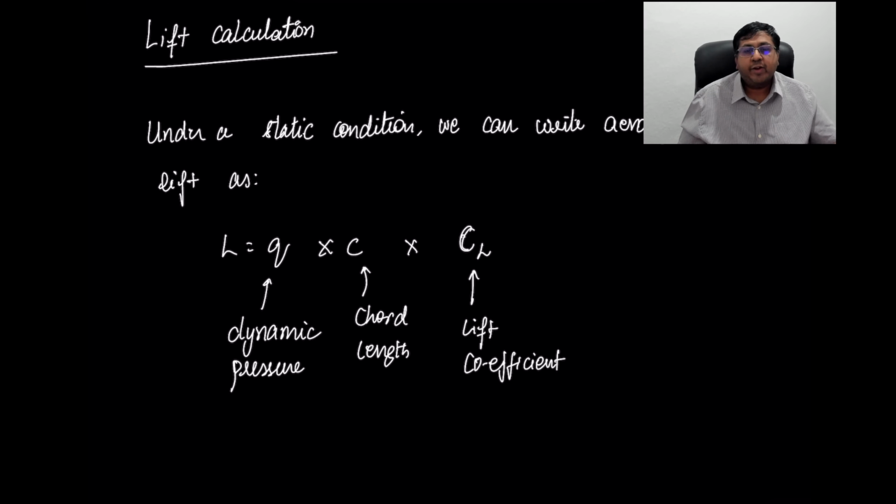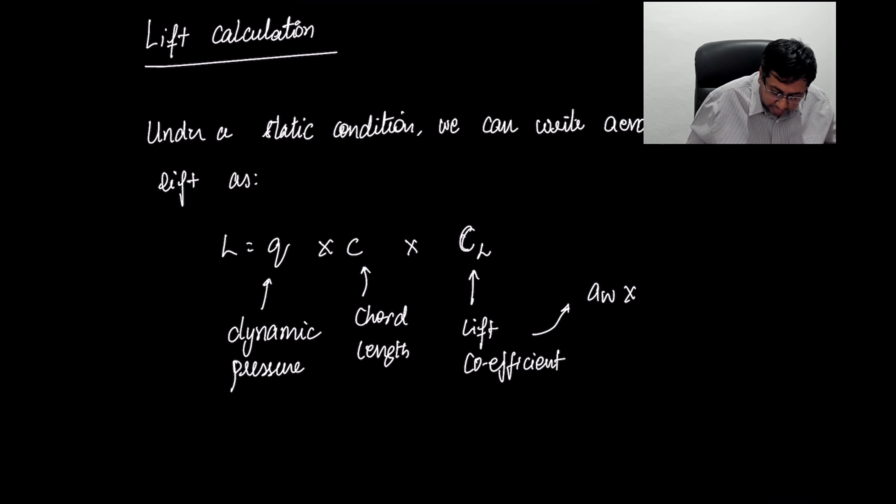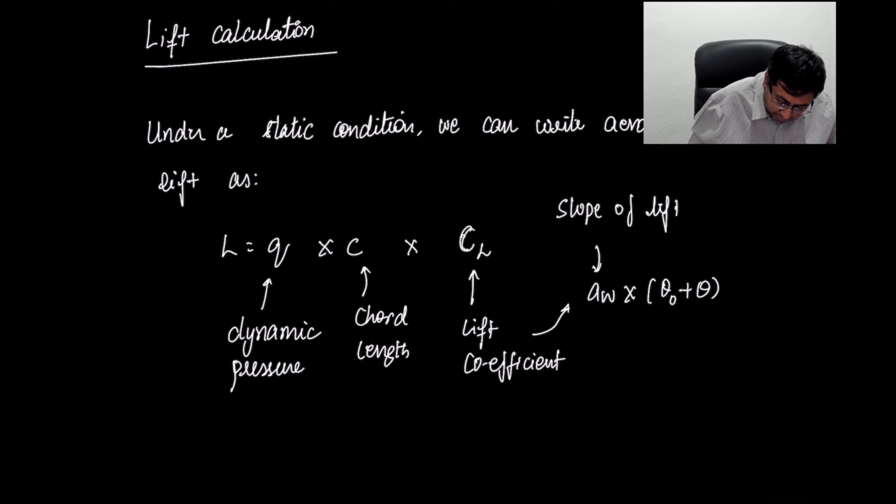We know that we can also write our lift coefficient as a_w times theta naught plus theta. So a_w is nothing but the slope of our lift coefficient curve, and this is our effective angle of attack.